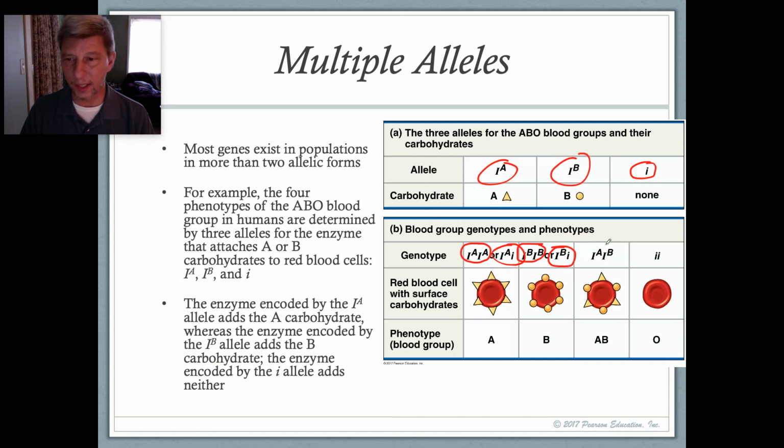Blood type AB is when you have one of each of the two dominant alleles, and blood type O is when you are homozygous recessive. And so that's the mix there. Blood types are determined by which alleles you get from each of your parents.